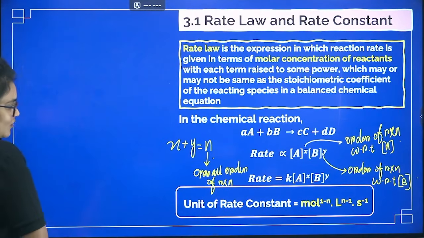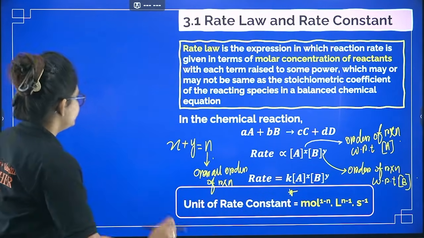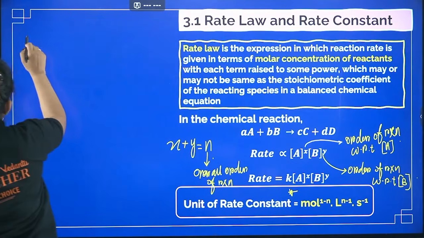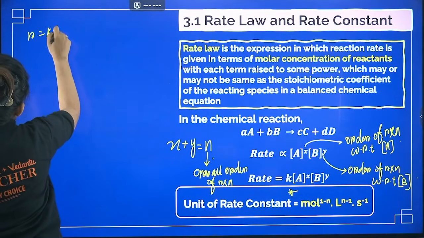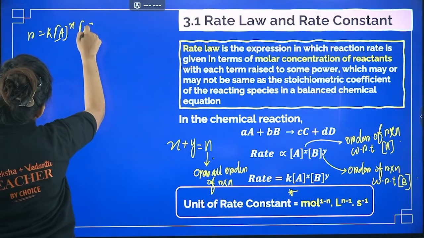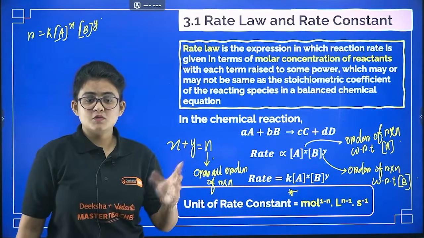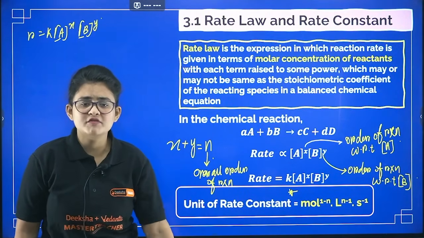Okay, so now let me just focus on how it is coming. See, from here, what is written? Rate equals k into a power x, b power y. Let me tell you one more thing here: x, y can be any value.